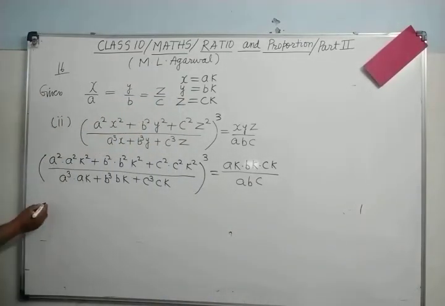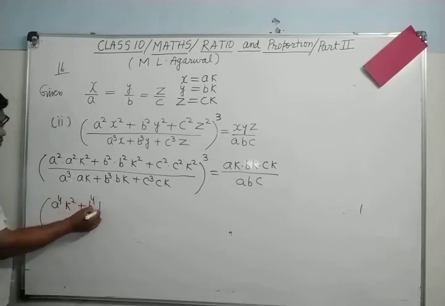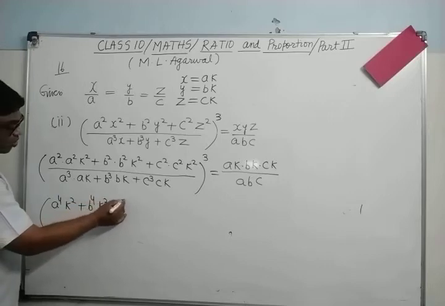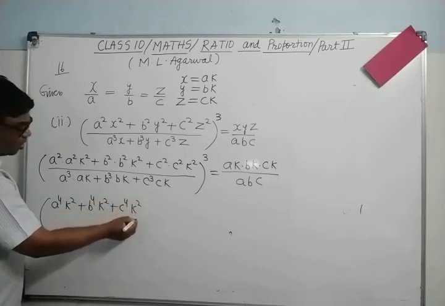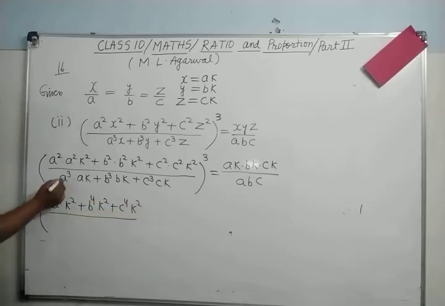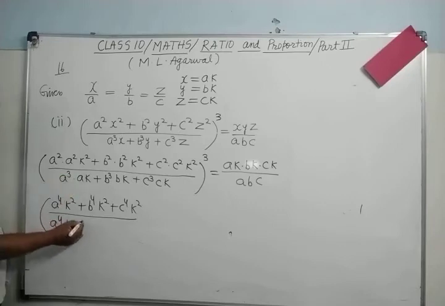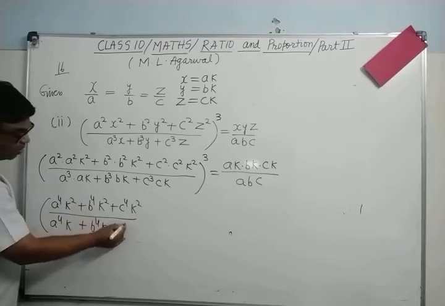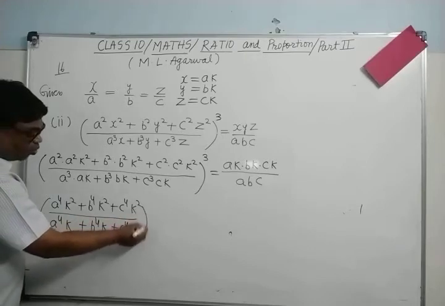Now a square into a square is a power 4. So a power 4 k square, b power 4 k square, c power 4 k square, divided by a cube into a power 4 k plus b power 4 k plus c power 4 k, whole cube.